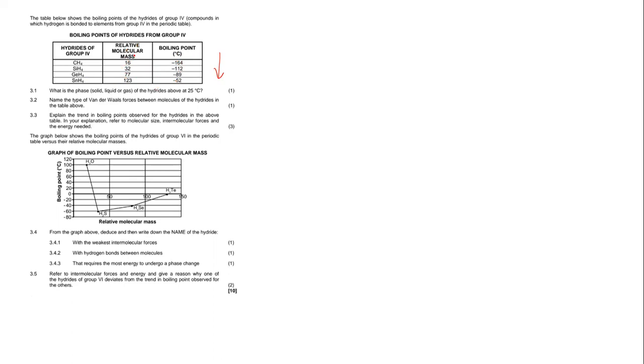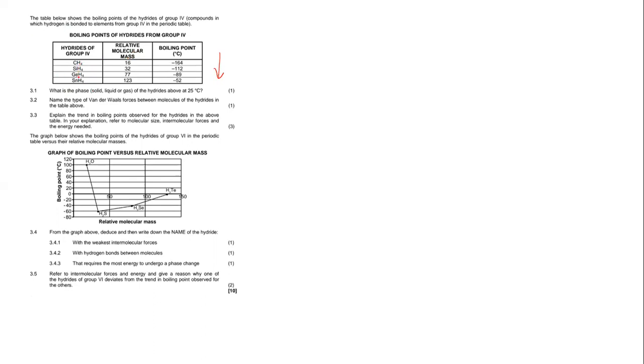The greater the relative molecular mass, the more force the compounds need to be broken down. Because we are talking about intermolecular forces, we are going to talk about the forces acting in all of these compounds. Now let us talk about those forces.